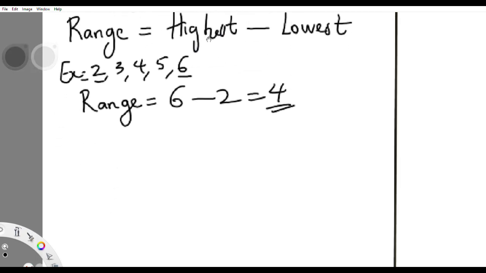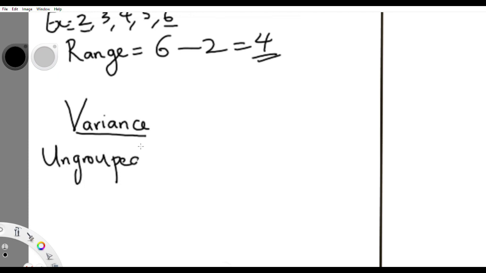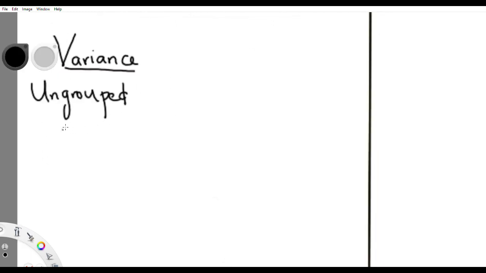Okay, now let's go to variance. Now this one as well, you have the grouped and the ungrouped data. I'm going to start with the ungrouped. So for the ungrouped data, the formula for variance equals, we have different notations for variance, but for now let's go with this.